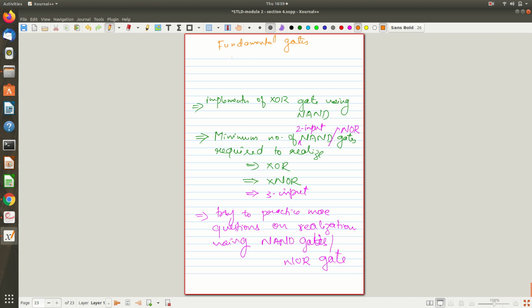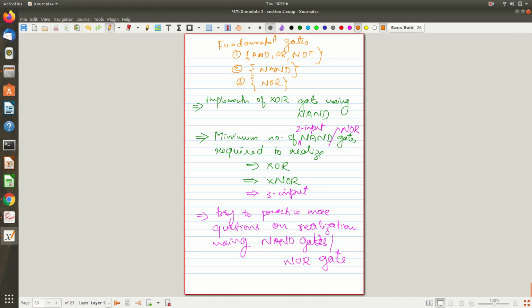One fundamental set is AND gate, OR gate and NOT gate. Together you can implement any other Boolean algebraic expression, which is what fundamental gates mean. Another one is the NAND gate alone, which is what we have seen so far. The third set contains the NOR gate alone.